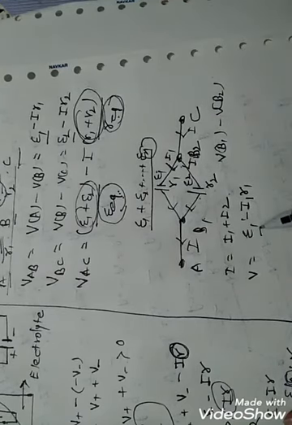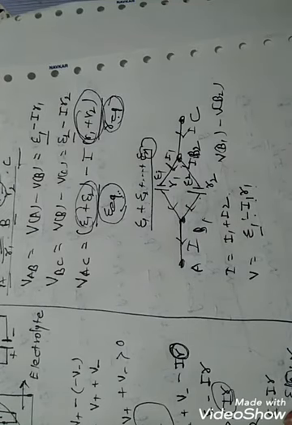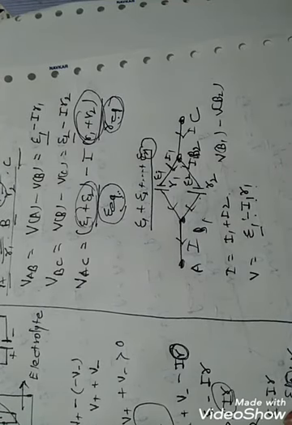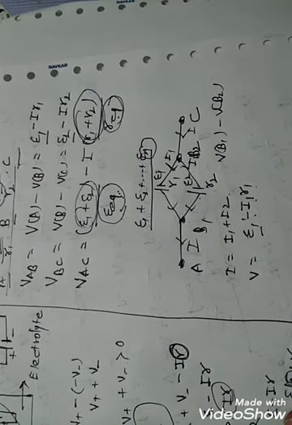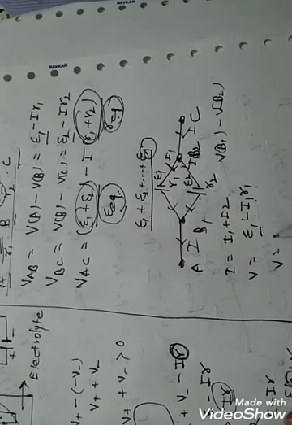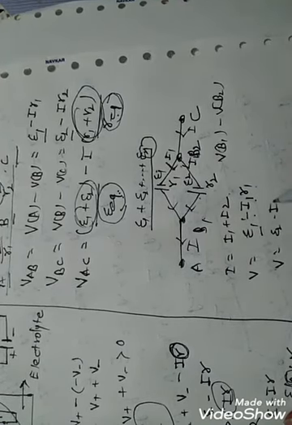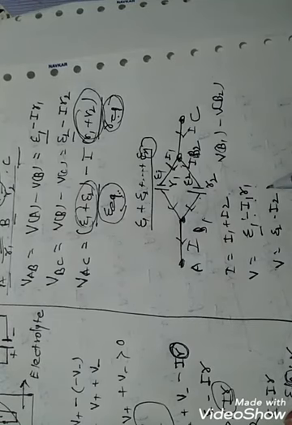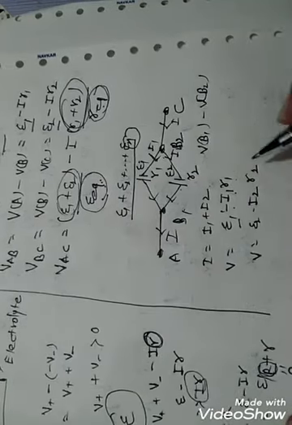Exactly similar for the second cell: V is equal to E2 minus I2 R2.